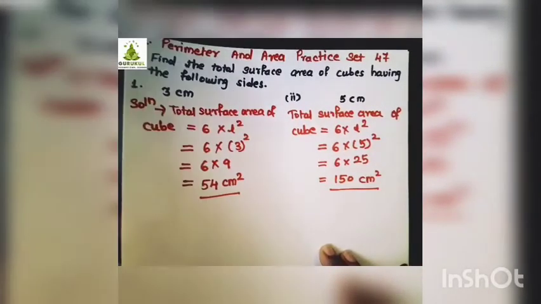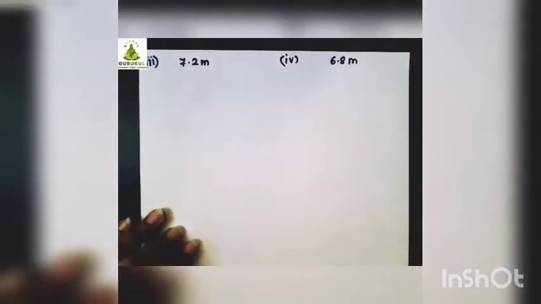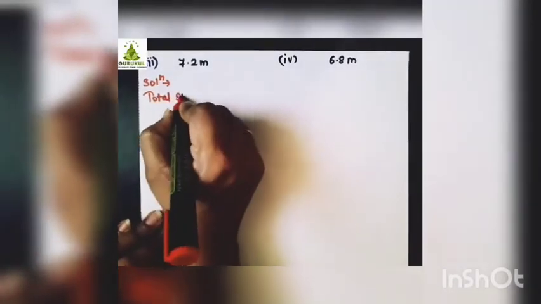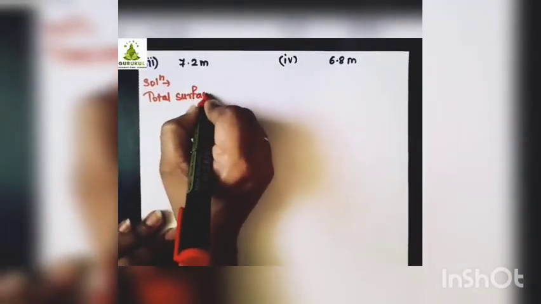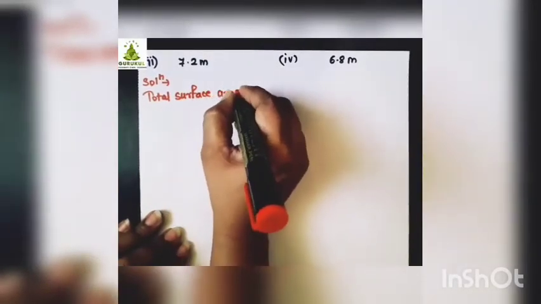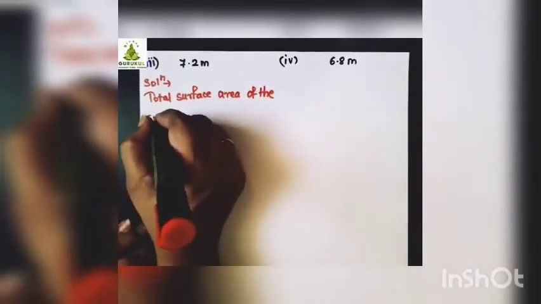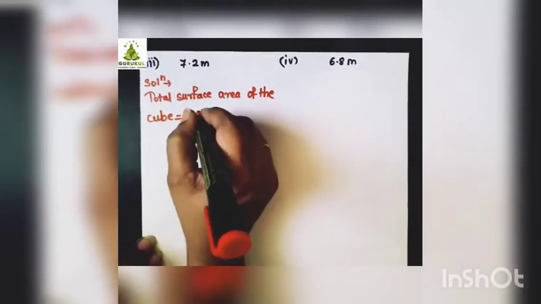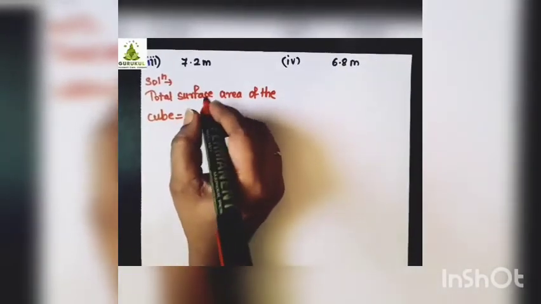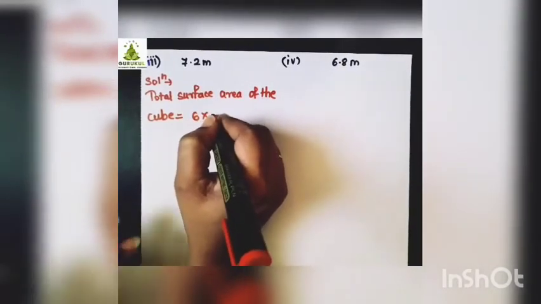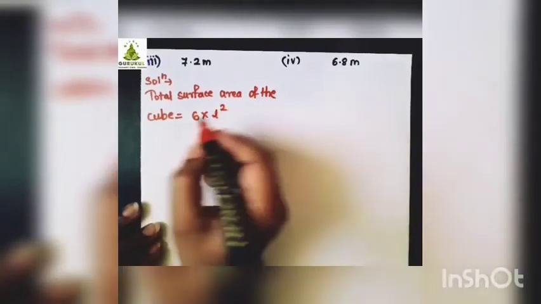Let us see the third and fourth sum. Same way, we don't have to change any pattern in this one. Total surface area of the cube, write down the formula, is equal to 6 into L square, or you can write 6 into side square as well.